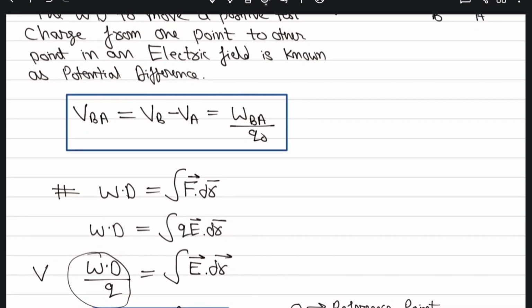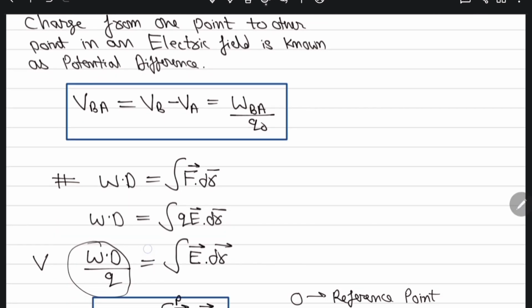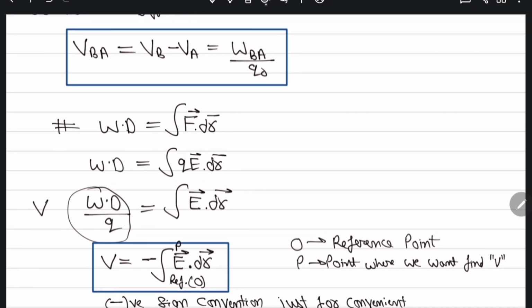Right, now we know that we are doing work, so work done is equal to force into displacement. So work done is equal to QE vector dot dr vector. So work done per unit test charge is equal to E dot dr, and we know that work done per unit test charge is defined as electric potential.